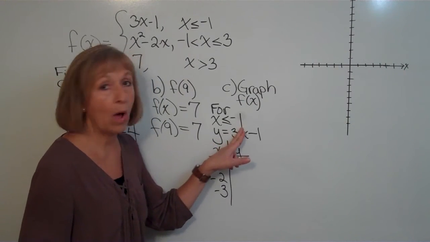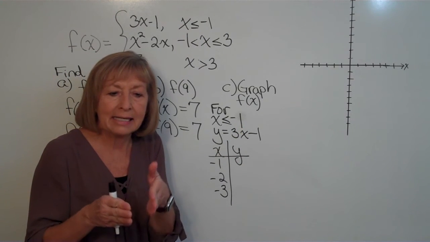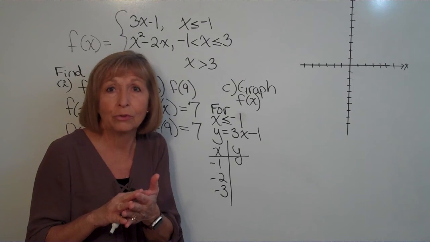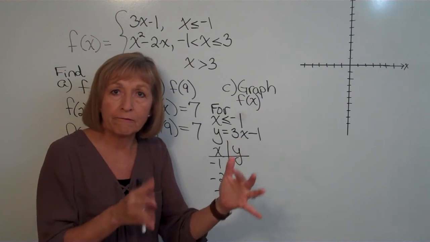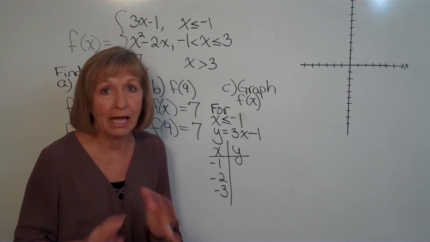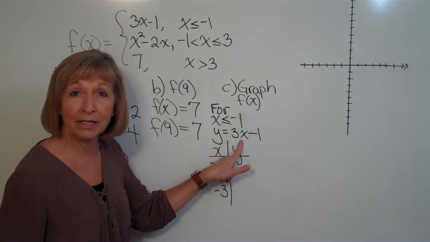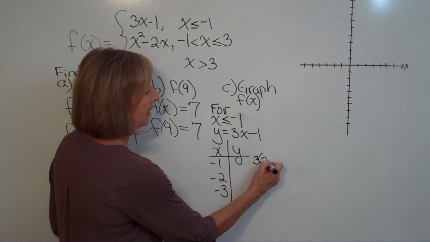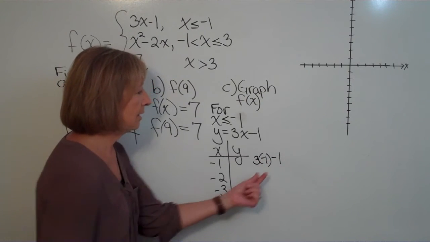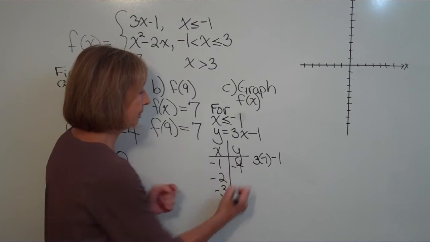You'll always want to include the value of x that is the transition value of the input, at the start or finish of the piece, so you make sure that you get the complete graph. What happens if I put -1 in for the x? That gives me 3 times -1 minus 1, so -3 minus 1 is -4.